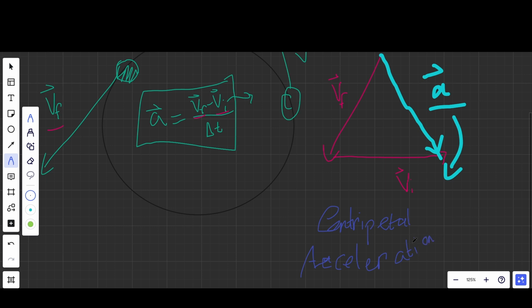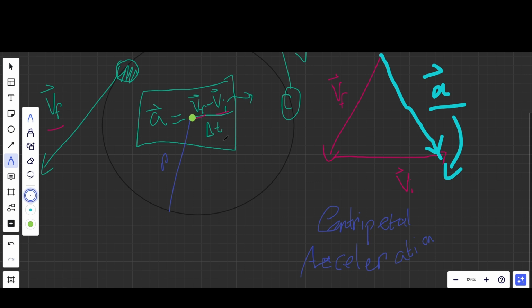You can see that we were here right at the center, somewhere here. This is the center, and this is our radius r, and basically this acceleration is toward the center.